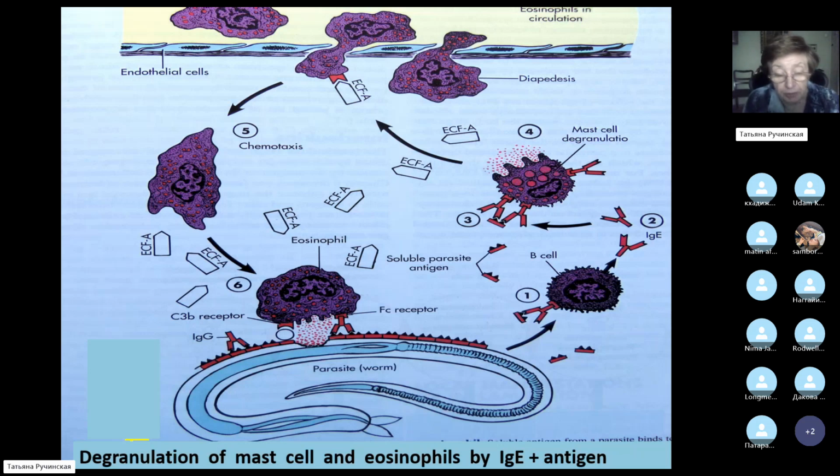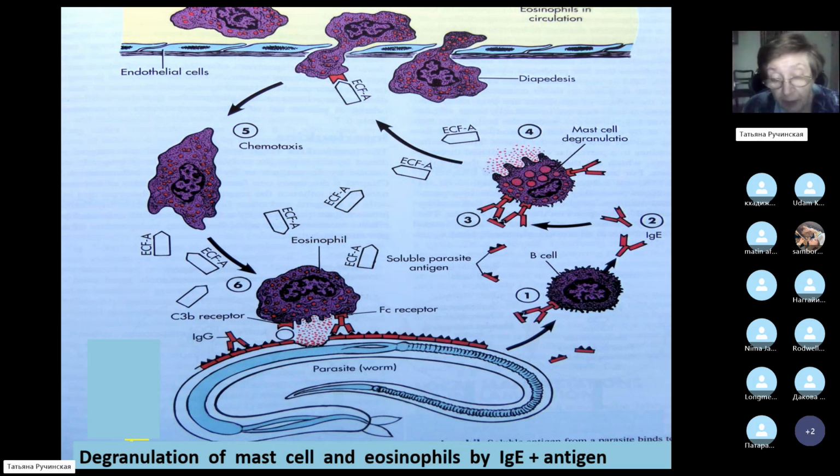So the eosinophil binds to its own receptor, but you see the parasite is too large. The size of this parasite is several times larger than the eosinophil. That is why it will be unable to phagocytose.